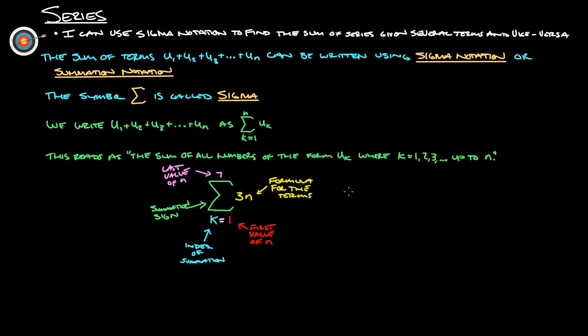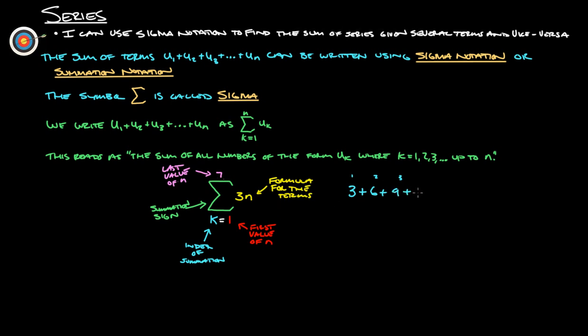Plug 1 in for n, and that's going to be 3, right? And then we're going to plug 2 in, and again, we're going to add these all together. So instead of putting a comma, I'm going to put plus. So then we put a 2 in. 3 times 2 is 6. That's the second term. So the next number is 9.